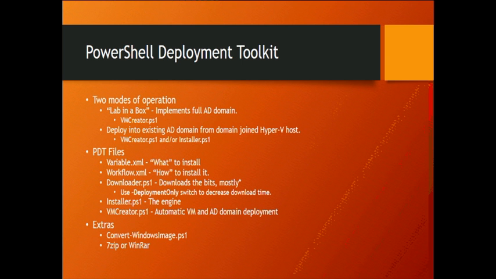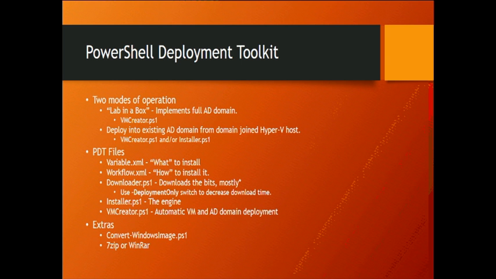Of course, if you already have your virtual machines created or you're using physical machines, you can still use PDT and just use the installer. It will do the same prereqs validation to make sure those machines meet the requirements for the PowerShell Deployment Toolkit. So really flexible in a number of different ways you can use the product to get your environment out there.